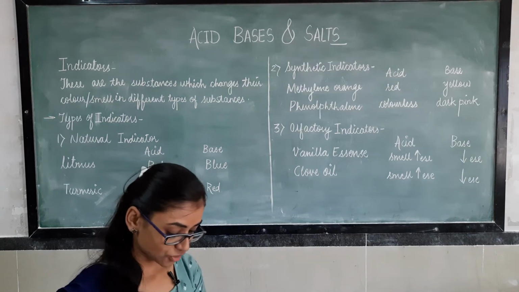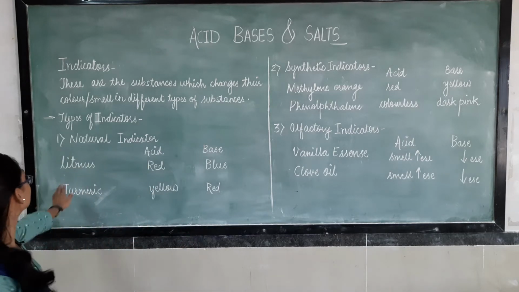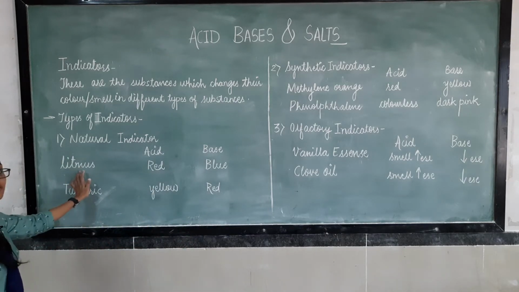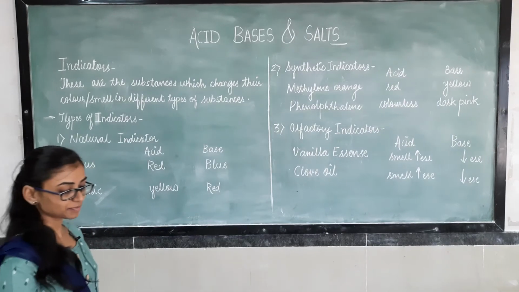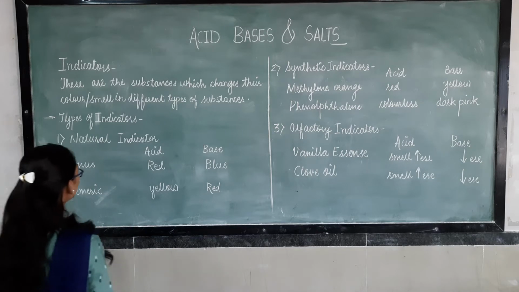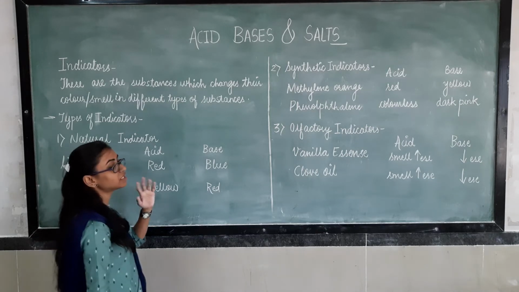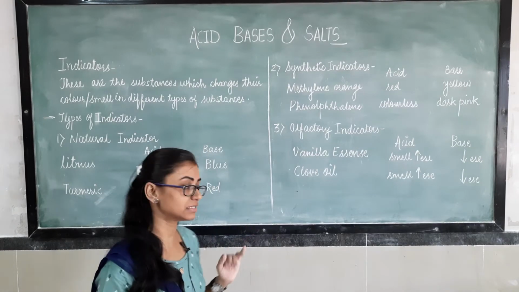Some examples of natural indicators are litmus and turmeric. You have seen litmus paper, right? And turmeric. Turmeric is present in homes, so it is also an indicator. How they will show a difference when they react with acid and base, we'll see here.